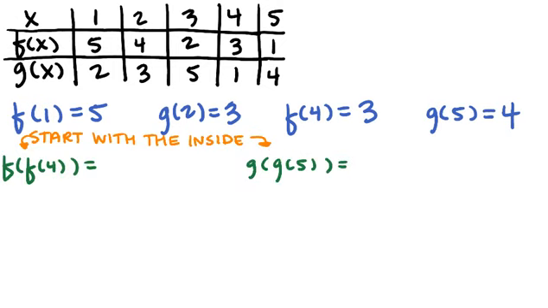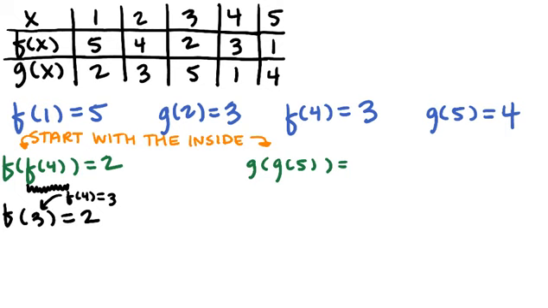Now the repeated iteration of the same function composed with itself. So f of f of 4, we're going to start with the inside. f of 4 is equal to 3. So we're taking f of 3 because f of 4 equals 3, starting with the inside and then working our way out. And f of 3 is equal to 2. So f of f of 4 is 2.